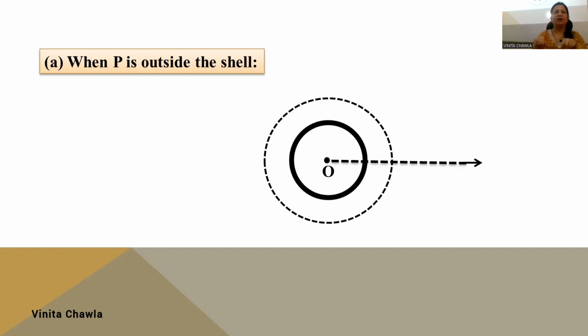This solid line indicates the spherical shell that we have. Now, around this spherical shell, we are considering a Gaussian surface, and this Gaussian sphere passes through the point P. Because we are going to find electric field intensity at point P, we will consider a Gaussian surface which passes through point P. Any doubt?